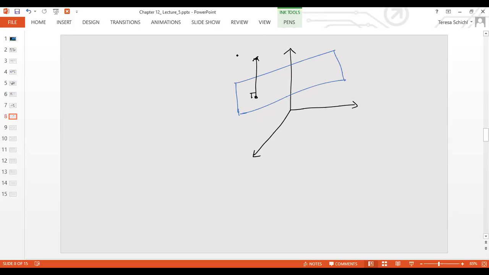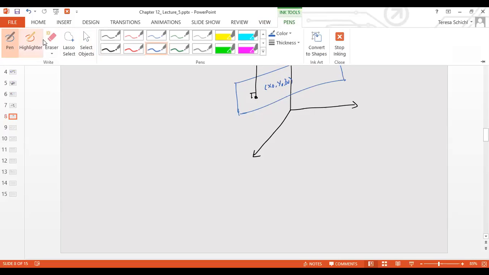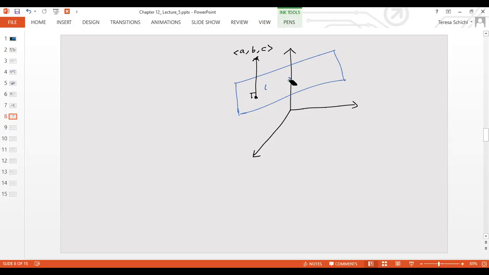Say this vector is A, B, C. And if this plane also passes through a point, let's say x0, y0, z0.